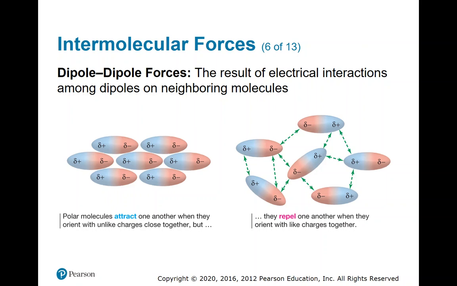Now, polar molecules, being polar, necessarily have a partially positive and partially negative region of the molecule, and so they can have pretty strong attractions to other polar molecules if they line up in the way that you see there on the left, where the partial positive end of one molecule is surrounded by partial negative parts of other molecules and vice versa. So those attractive forces can be quite strong and influence physical properties like melting and boiling points.